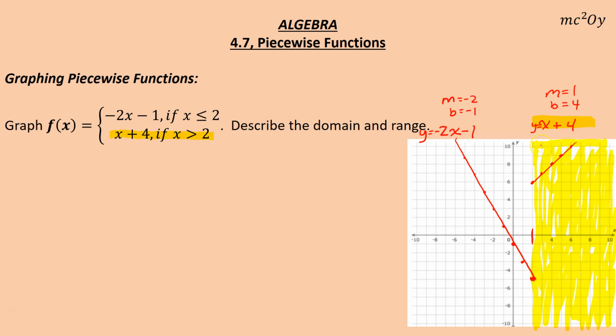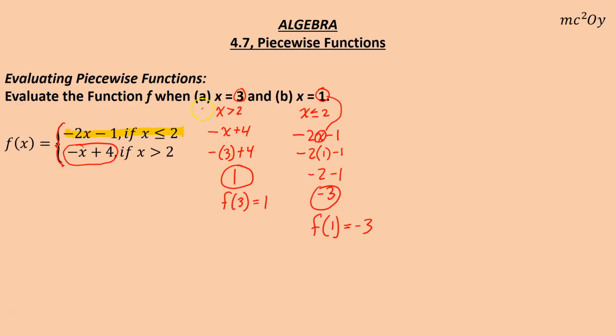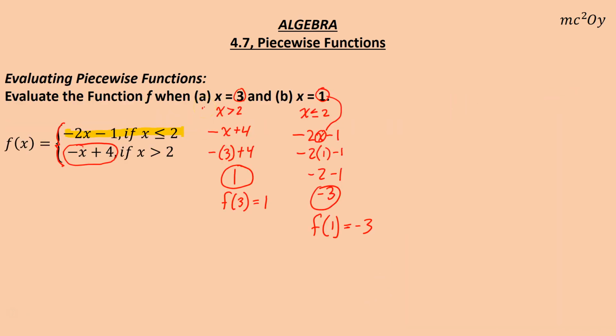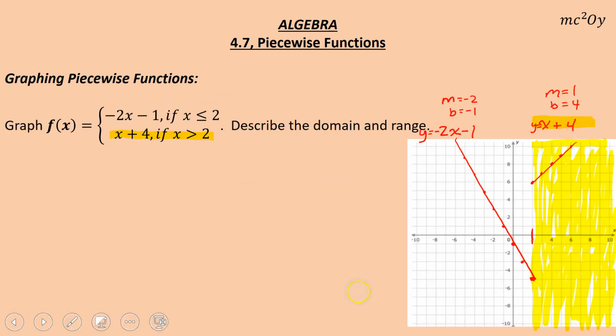All right. Now, recall, this symbol means that any value of 2 would also make this statement true. 2 is equal to 2. So this is a closed circle on a graph.